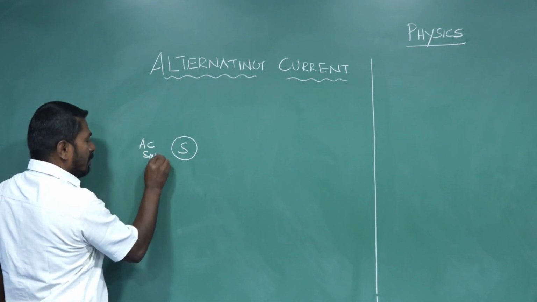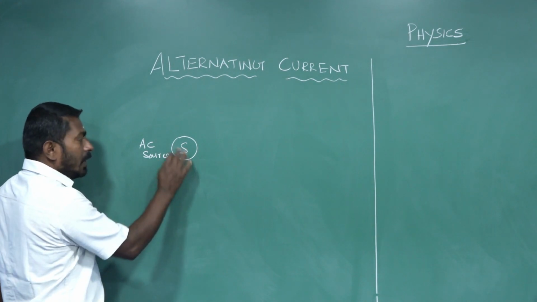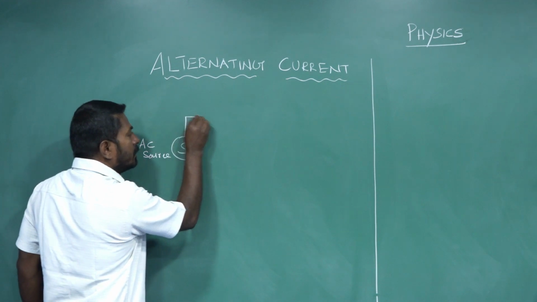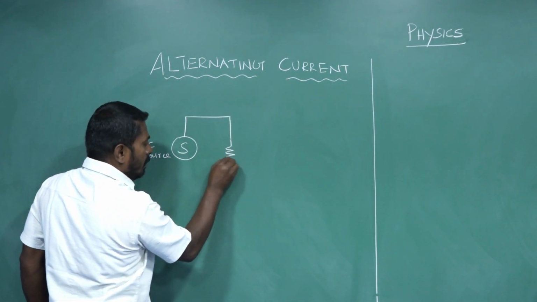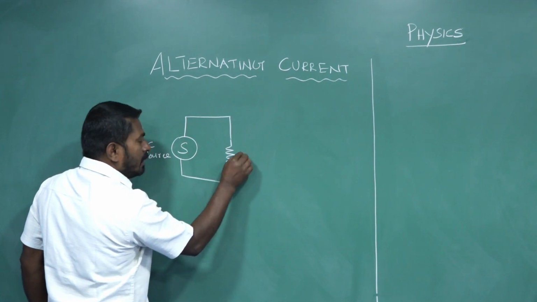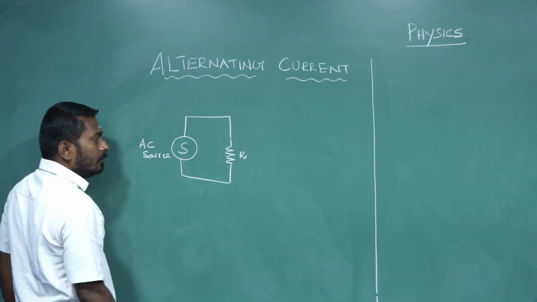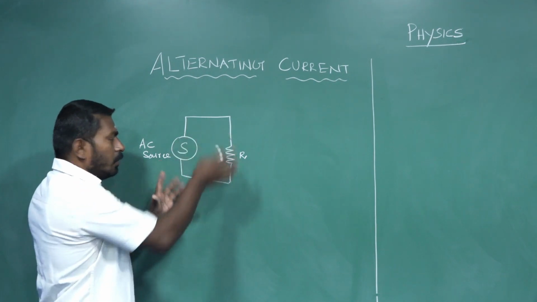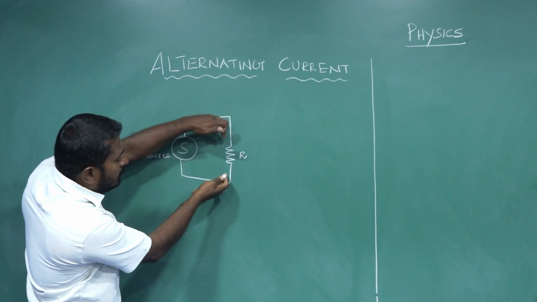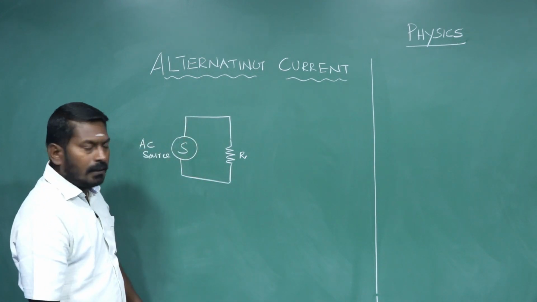This AC source is connected across a resistor. This resistor has a resistance R. Now we consider this a closed circuit.